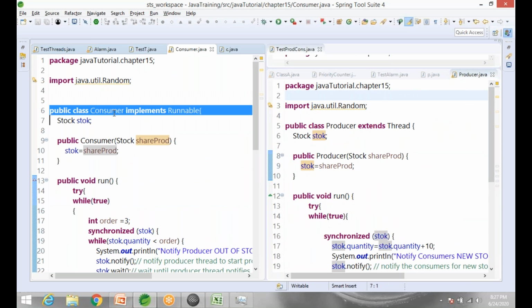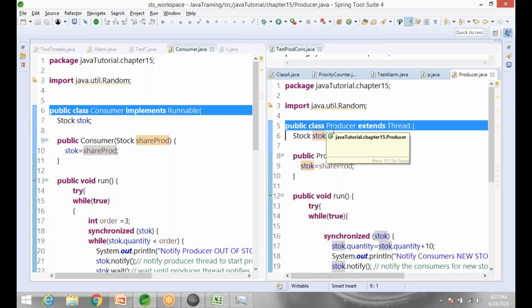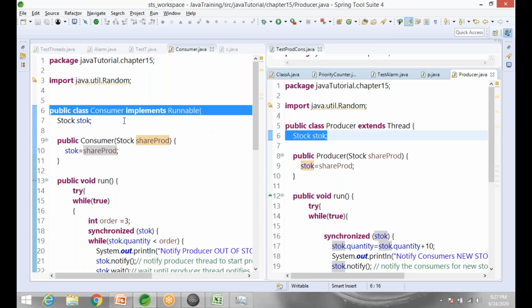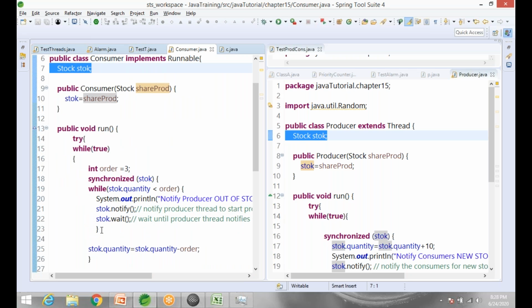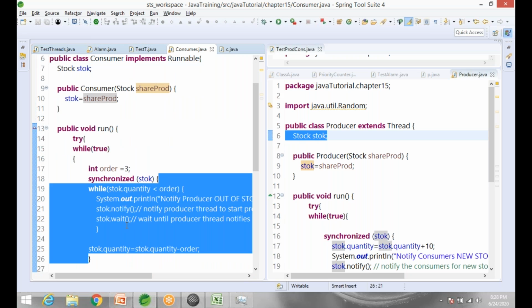Whenever there are 2 thread programs that share the same object and you want to synchronize your activity, you want to play this producer consumer game, that is, you want to share the quantity between both of the programs. The first rule is anytime you make a change, you have to put that code inside a synchronized block.